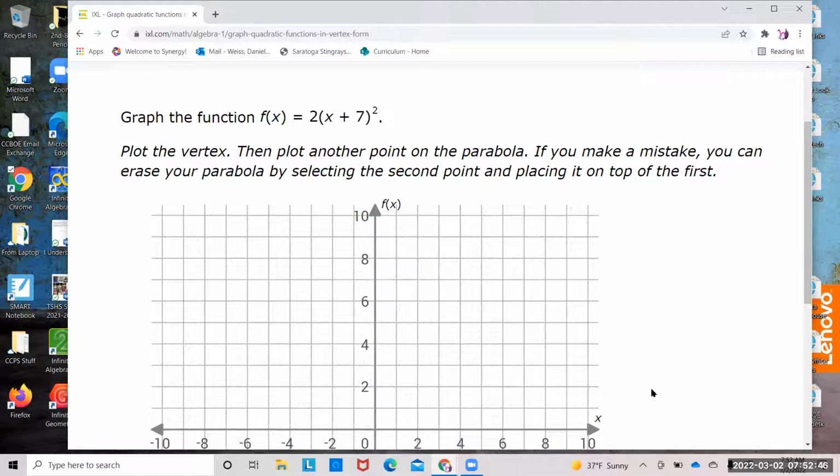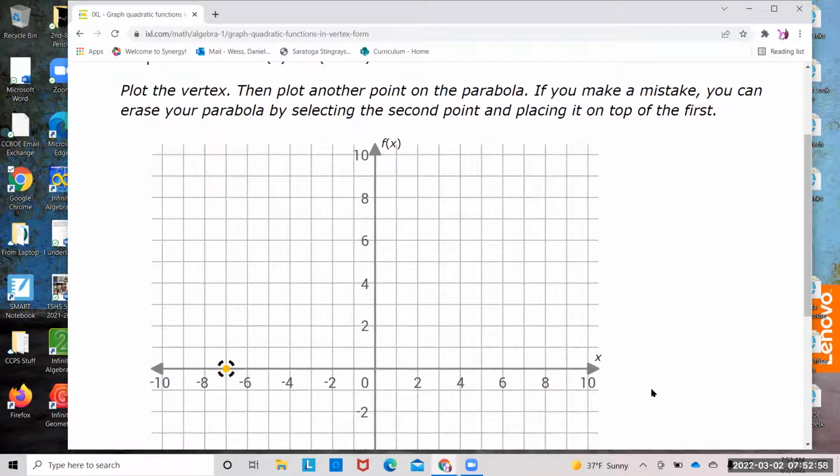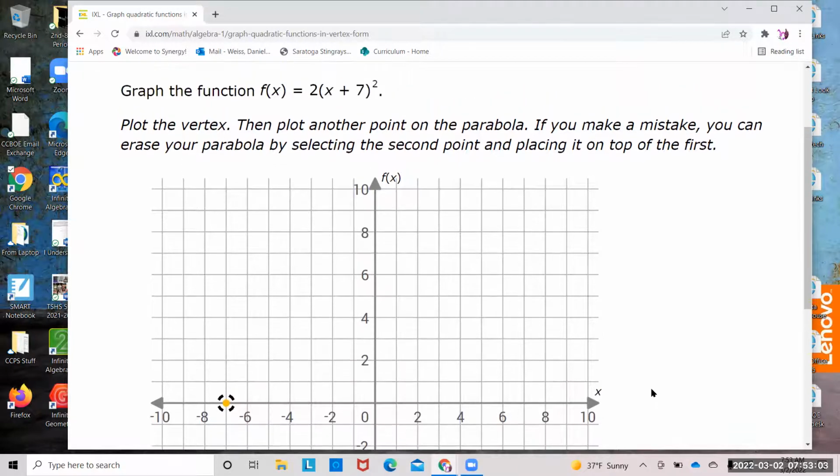Two times x plus 7. What do I put in for x to make this 0? Negative 7, right? I'm going to go to negative 7. Boom. Because negative 7 plus 7 is 0. 0 times 0 is 0. 2 times 0 is 0, right? How do I make this 1? I'm going to go from negative 7.